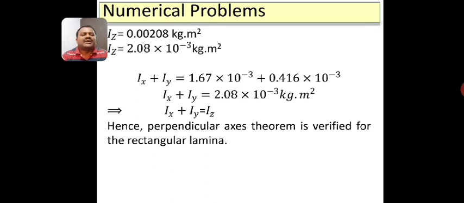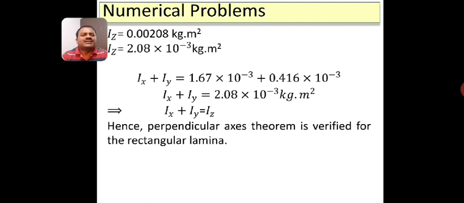So now we have the moment of inertia about two perpendicular axes in the plane of the lamina. They are Ix and Iy. Add these two, Ix plus Iy is equal to 1.67 into 10 raised to minus 3 plus 0.416 into 10 raised to minus 3. Therefore, if you add these two together, you will get the answer as 2.08 into 10 power minus 3 kg meter square.